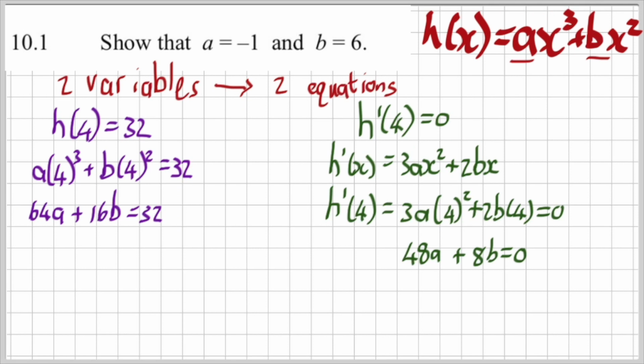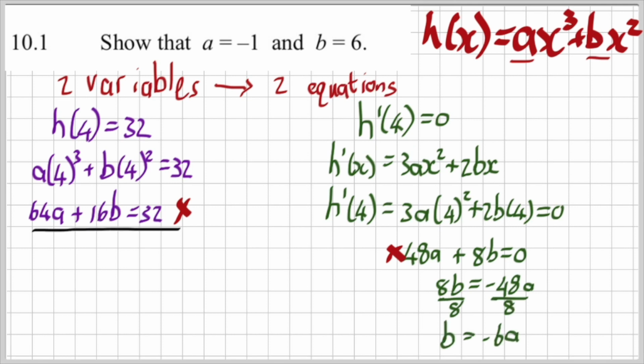You have this and this equation to solve simultaneously. I'm going to get b alone in the second equation. So b is equal to negative 6a.